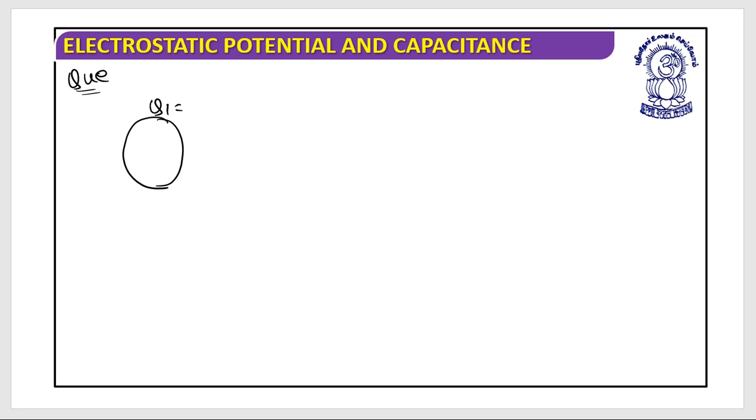Here Q1 is equal to 4 microcoulomb, and this is of radius 4 meter. Another sphere, Q2 of 6 microcoulomb, has a radius of 6 meter.